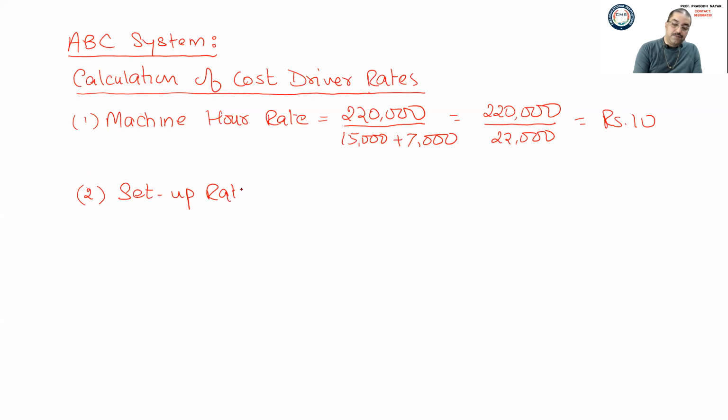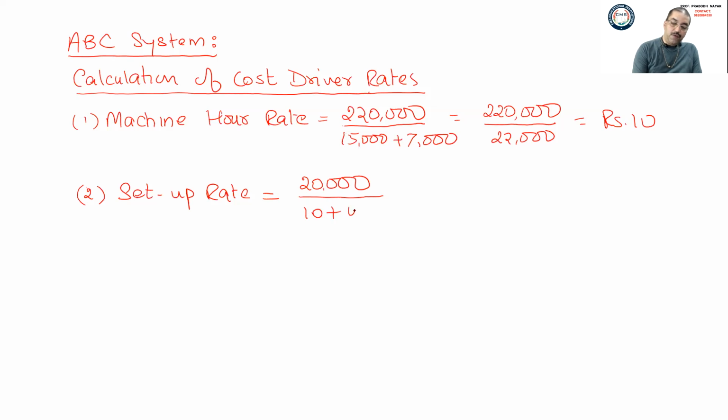Setup rate. Production setup cost is 20,000. For product L, it is 10 setups.